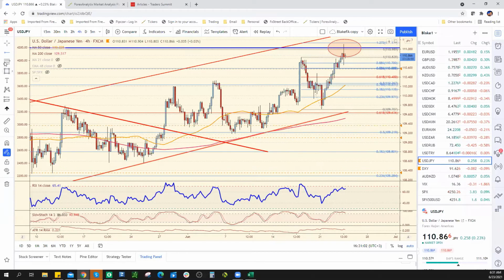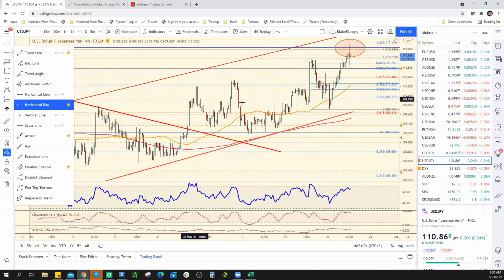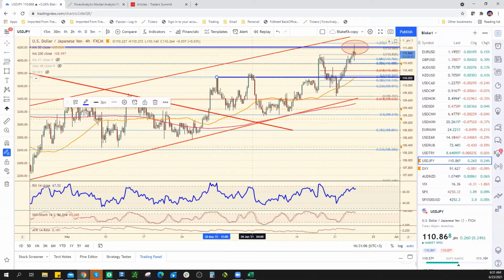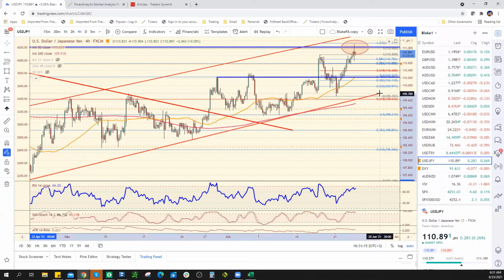This has got to be support right through here, this whole area. I know the channel support comes in a lot lower down here at 109.70, but I think we're going to find support ahead of that at 110.20.